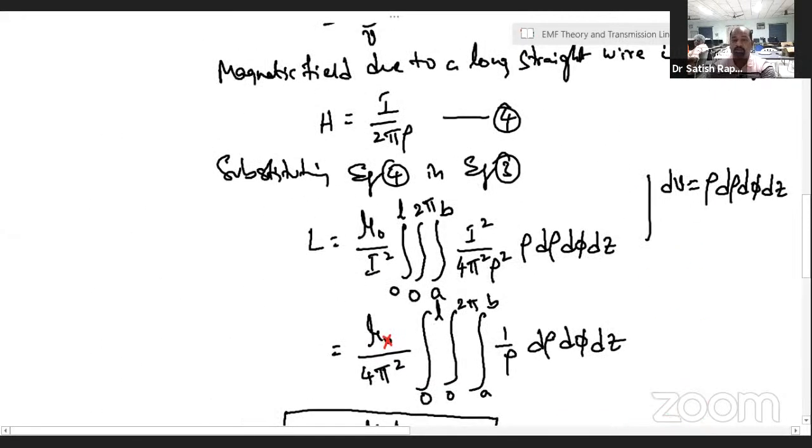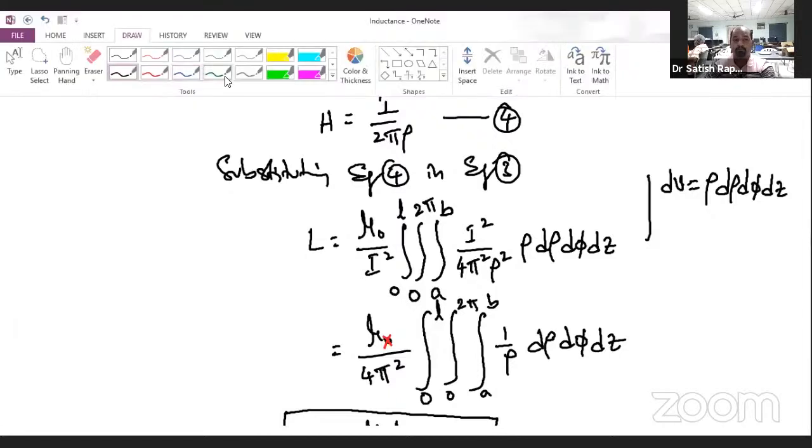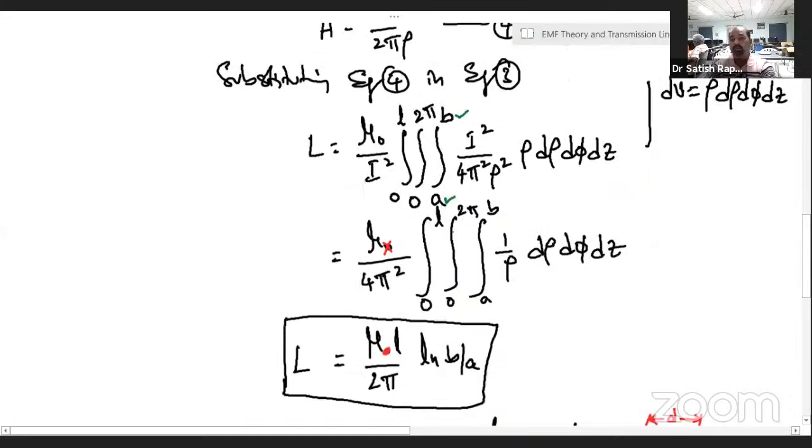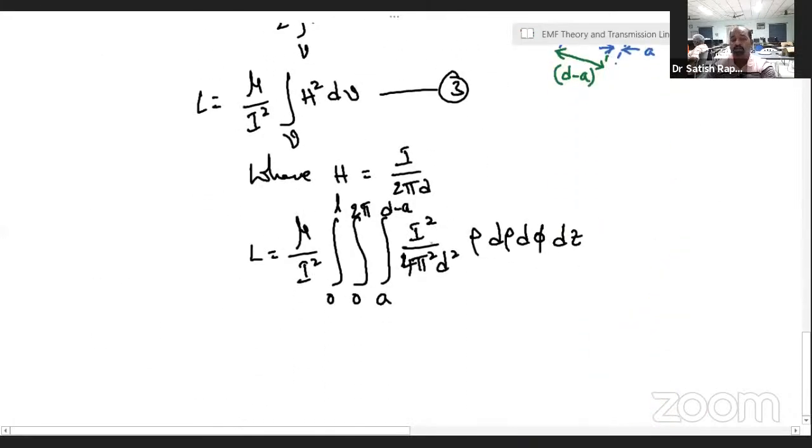Here the limits for rho are a to b, but whereas here the limits are a to d minus a.